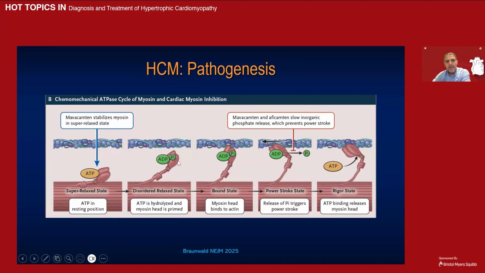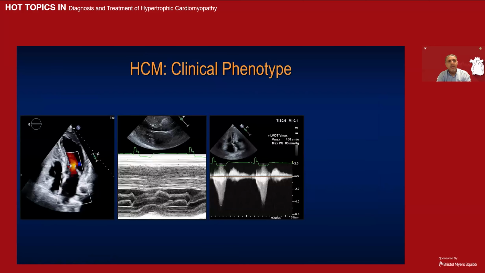So I was just explaining how the impaired energetics work in HCM, and the role of myosin inhibitors in maintaining and reversing this central mechanism. We've seen how patients with HCM present.